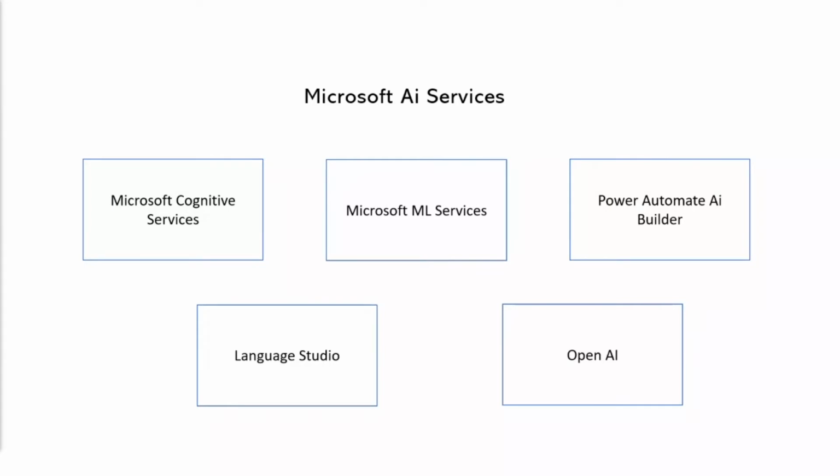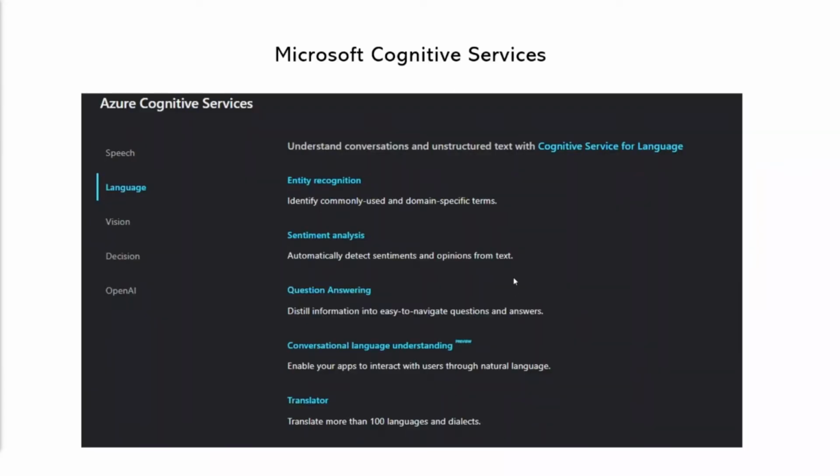We'll talk a bit about that as well. First, we'll go quickly into each of these areas. There's a vast area, but I'll try to cover as much as possible to help you understand what areas you can use and what kind of solutions you can build.